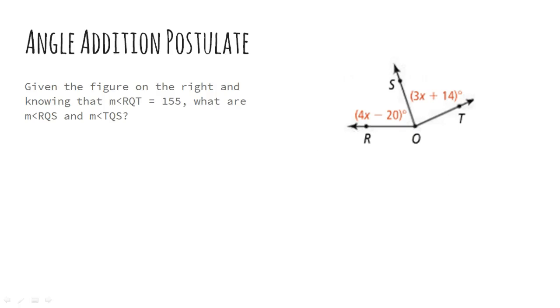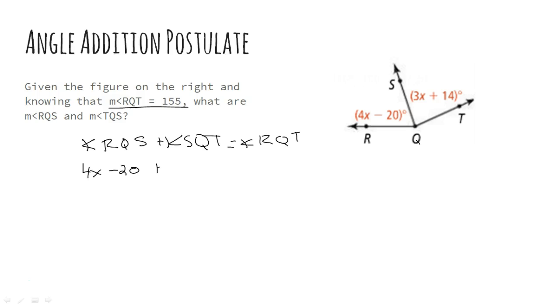And let's take a look at an example of it. So here they tell us that angle RQT is 155 degrees. This outside angle here, this is a Q. And in order to find that out, we have to do angle RQS plus angle SQT. And that together is going to equal angle RQT. So setting this up, angle RQS is 4x minus 20.